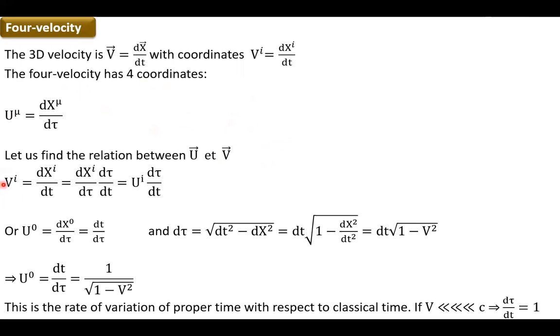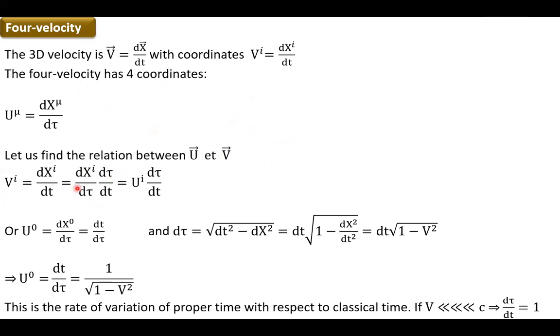The coordinates vi, dxi over dt, you can multiply by 1, or d tau over d tau, which is equal to 1. So if you multiply it by d tau over d tau, you get dxi over d tau times d tau over dt.